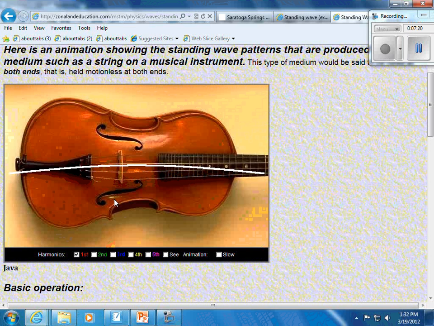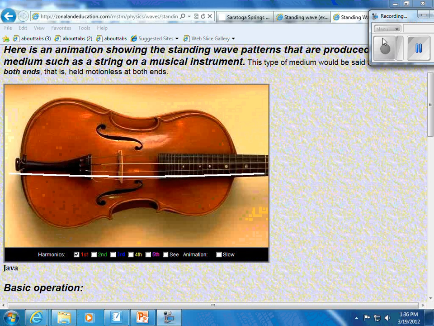Now, oddly, they chose not to have it end at the actual bridge of the violin. But nonetheless, ignore the violin in the background. The white string is trying to show you the 1 football shape. So when you pluck a guitar string, this is the largest wave that will resonate in the string.